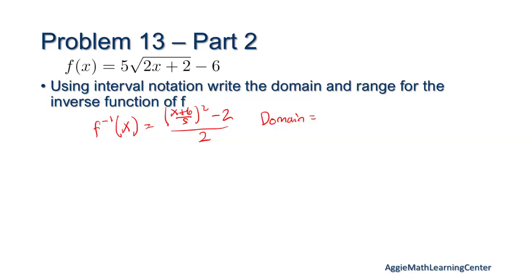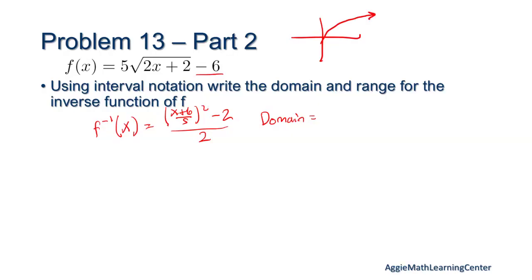However, if we look at the original function, we notice that it has some translations. And because it's a square root function, we know it comes and does something like this. So there is a range restriction because the range is not all real. And we know that the range here is our y value, our y translation.